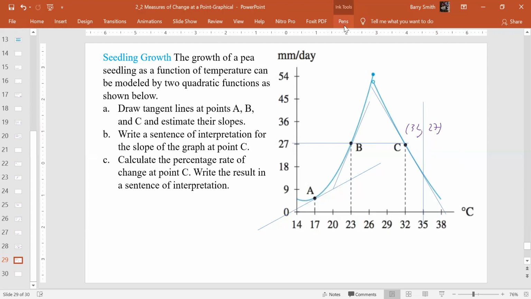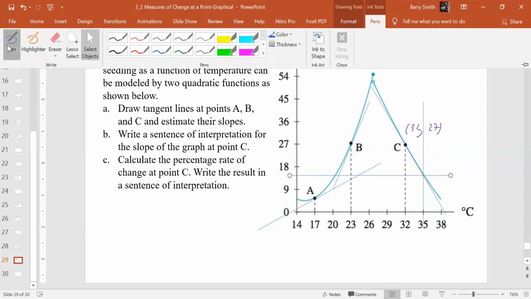And then our next one, we're going to have to lengthen that line a little bit. Is that close? I would say 35. And then what are we going to call that? Let's make some markings here.